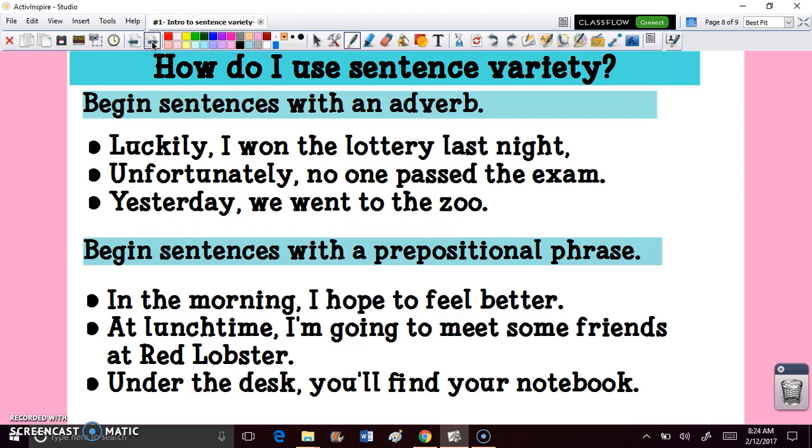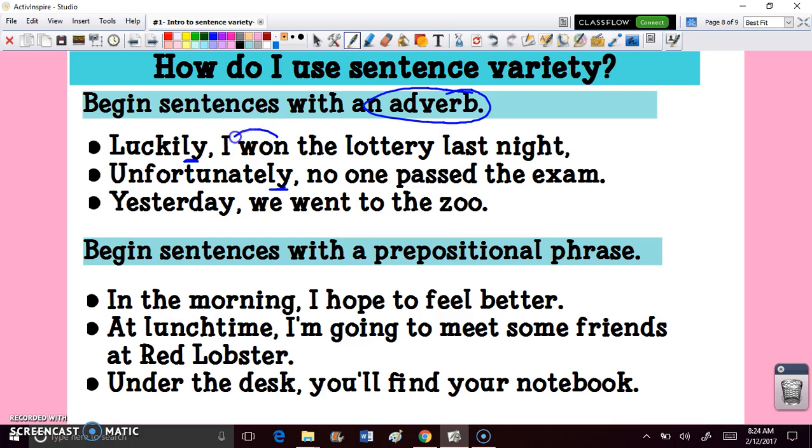Okay, and finally, you can do two additional strategies. Now, these are not the last two strategies ever for sentence variety, but they're the last ones we're going to cover in this video. You can begin your sentences with an adverb, which would be words that typically end in ly, although they don't have to. We know that adverbs are words that describe verbs. So luckily, I won the lottery last night.